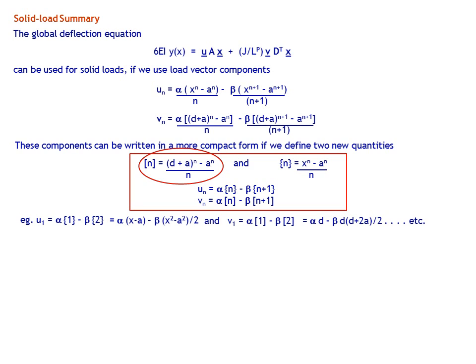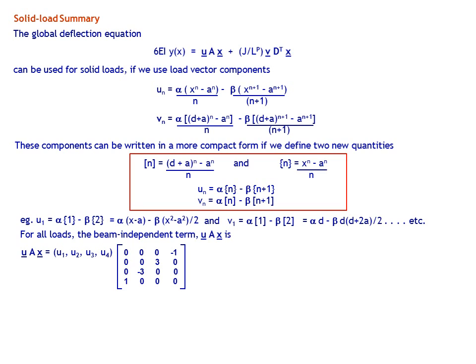As UAX is beam independent, we can derive an expression for it applicable to all beams. First we have the 1x4 row vector U, followed by the 4x4 matrix A, then the 4x1 column matrix X. Carrying out the AX expansion first, we get a new column vector with components minus x cubed, 3x squared, minus 3x, and 1.